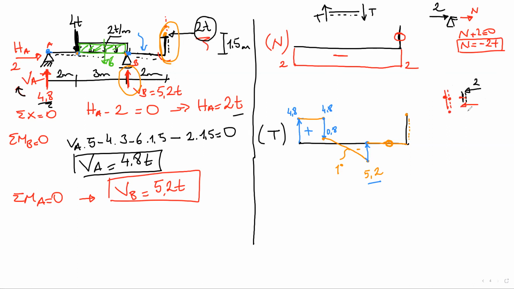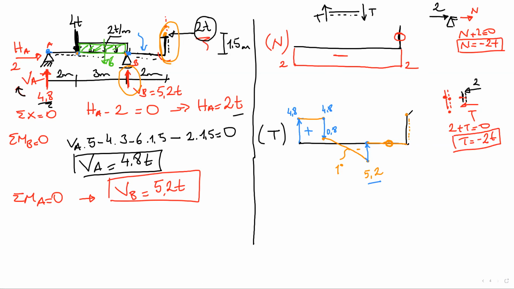That's why it goes this side. Then we decide if it's left or right. Draw the arrow here and write the equation. 2 plus T equals 0. T is minus 2 ton.